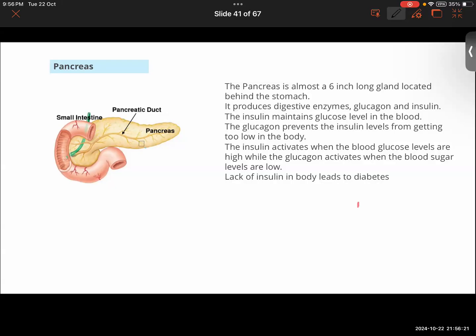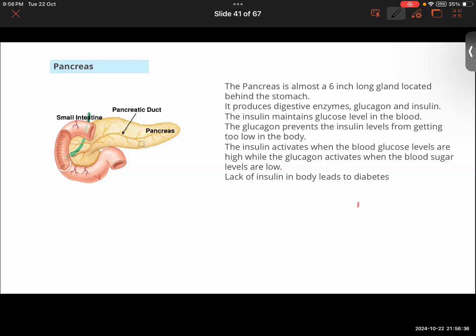Okay, small intestine. You guys really need to revisit the concepts of seventh standard sometime. Nutrition in animals is in the seventh standard, not the second chapter. Okay, that is one thing.